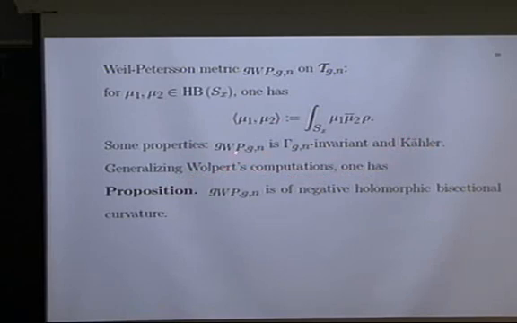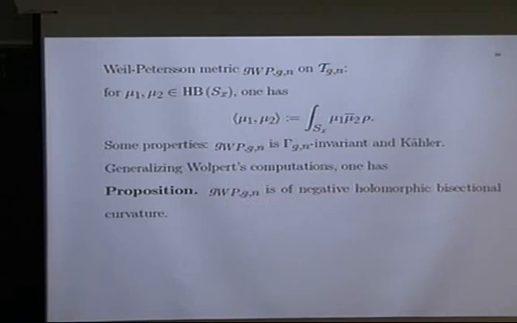What is also known is that this Weil-Petersson metric is of negative holomorphic bisectional curvature. Wolpert wrote it down for the case when n is 0, just for the moduli space of compact Riemann surfaces, but it's easy to see that more or less the same calculation shows that even when there are punctures, the Weil-Petersson metric is still of negative bisectional curvature.